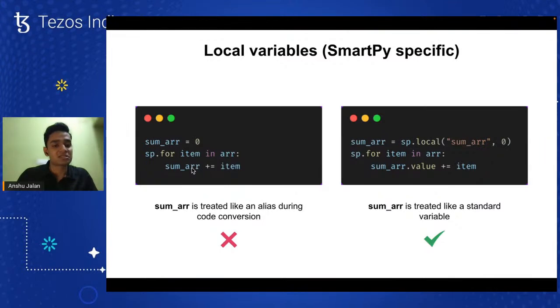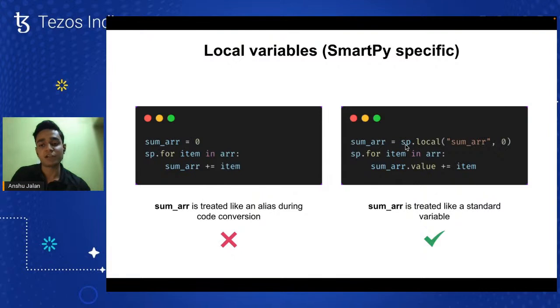So this becomes something like 0 plus equals items. That is what SmartPy tries to infer from it, because some ARR is an alias for zero. So that doesn't make sense, right? So this won't work in SmartPy. Rather, what you have to do is this. You have to explicitly mention that some ARR is a local variable and it needs to be changed sometime in the future.